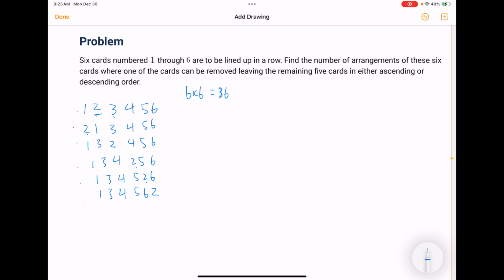So, for example, we just moved 2, right? So now we can move 3. Originally it was 1, 2, 3, 4, 5, 6. And then when we move 3, it could be 1, 3, 2, 4, 5, 6, or 3, 1, 2, 4, 5, 6.